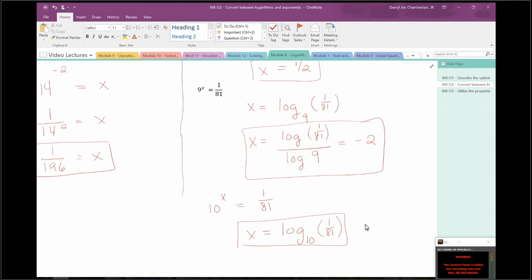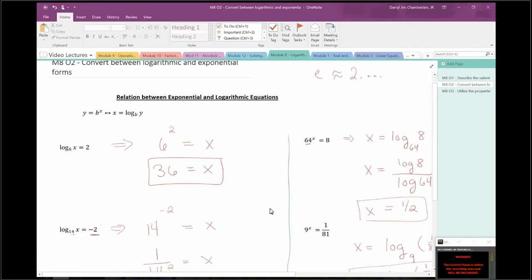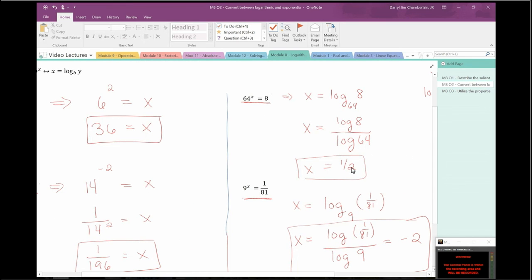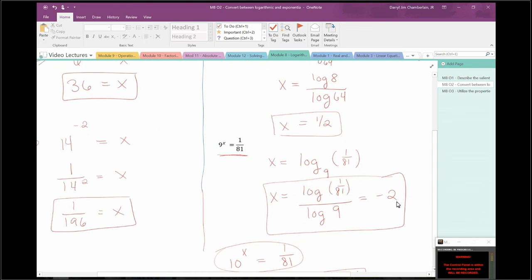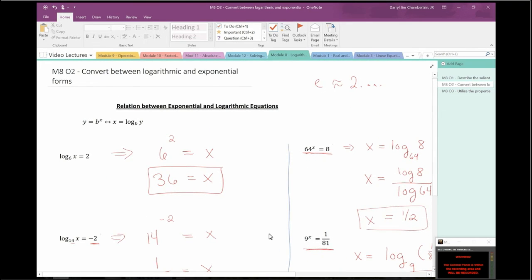It's to build us up so that we can solve these weird exponential equations. But for now, we're going to stick with these nicer equations that come out with either some very nice fraction or an integer. So that's everything we need to know right now about converting between logarithmic and exponential forms.